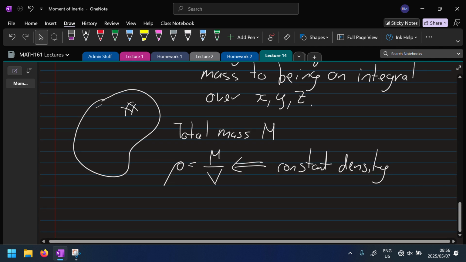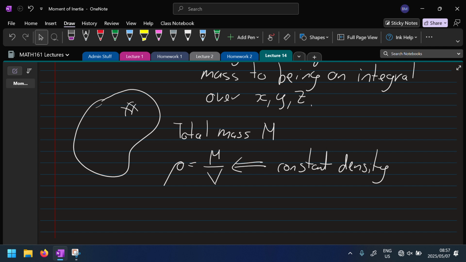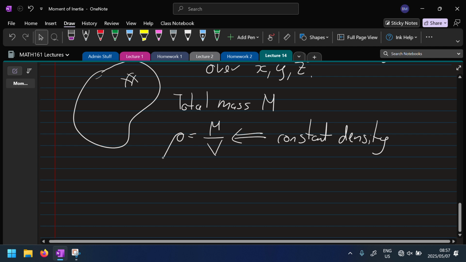Constant density. Okay, what we're interested in now is what happens if the density is changing from point to point. So it's not a uniform or constant mass density. It's going to be changing from point to point. So now we're going to have rho of x, y, and z.